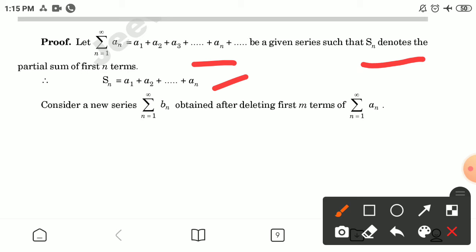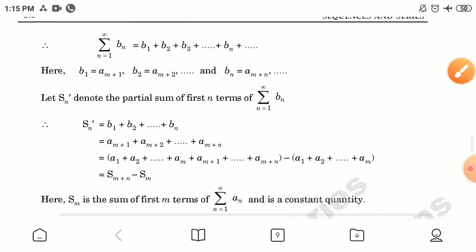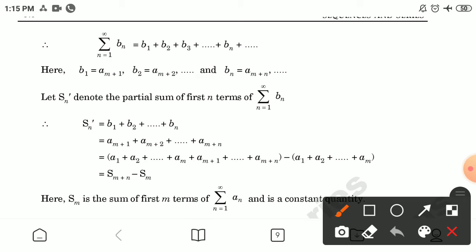Consider a new series summation bn, n is from 1 to infinity, obtained after deleting the first m terms of summation an, n is from 1 to infinity. Therefore, summation bn is equal to b1 plus b2 plus b3 plus so on bn plus so on. Here b1 is equal to a(m plus 1), b2 is a(m plus 2) and bn is a(m plus n). Let Sn dash denote the partial sum of first n terms of summation bn.